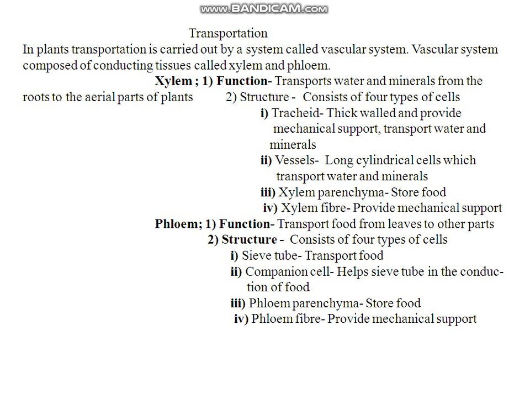Third one, that is xylem parenchyma. The parenchymatous cell present in xylem is called xylem parenchyma, and you know the function of a parenchymatous cell is to store food. That is why the same function is performed by xylem parenchyma here. That means storing of food. The next one is xylem fiber.